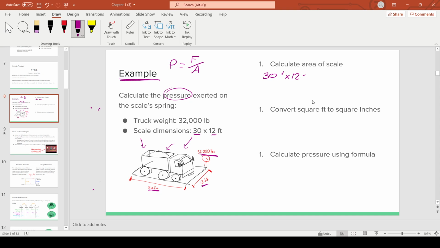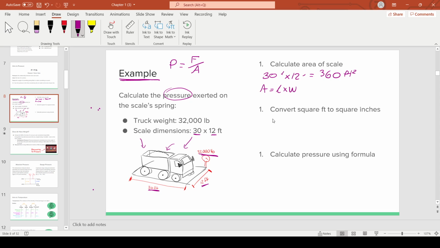If we multiply that out, because area equals length times width, 30 times 12, our area is going to be 360 square foot, right?